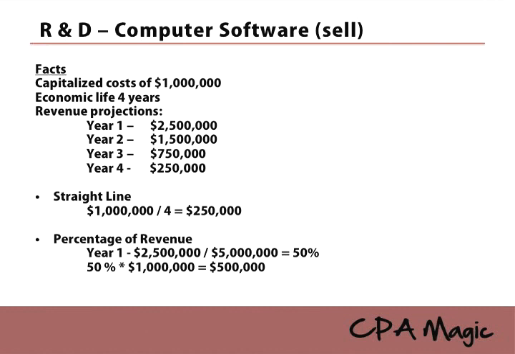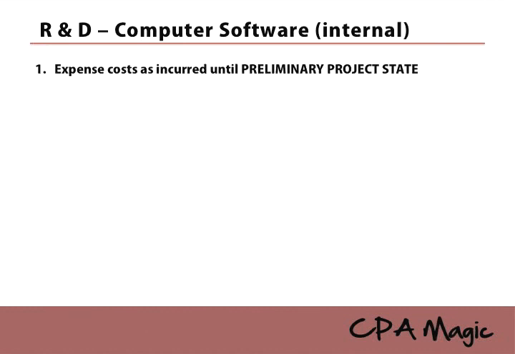Let's take a look at computer software that we develop internally. So we're developing it for internal use, the Netflix algorithm, something like that. Well, first off, we're going to expense costs as incurred until the preliminary project stage, which is technological feasibility. You'll see a couple terms for this, but pretty much it just means the same thing. Then you're going to capitalize all costs incurred.